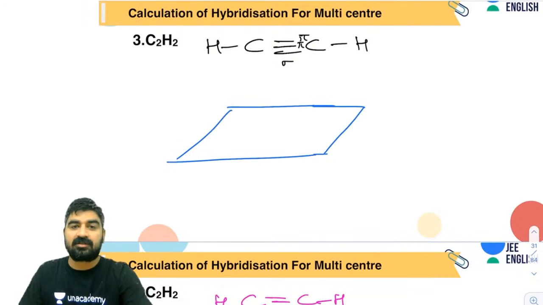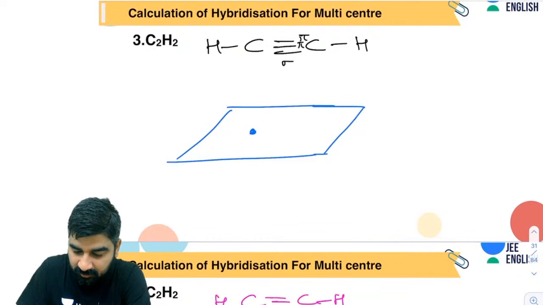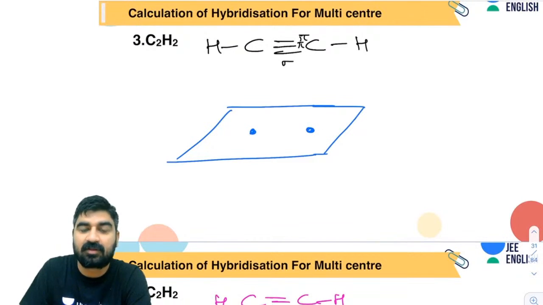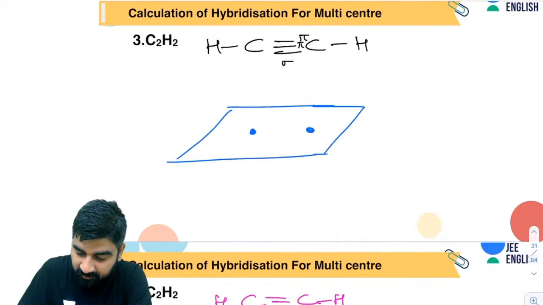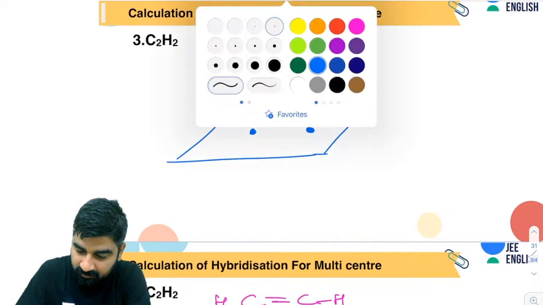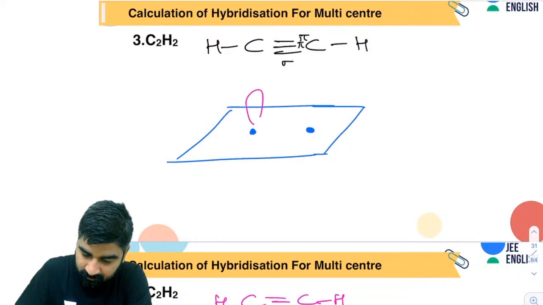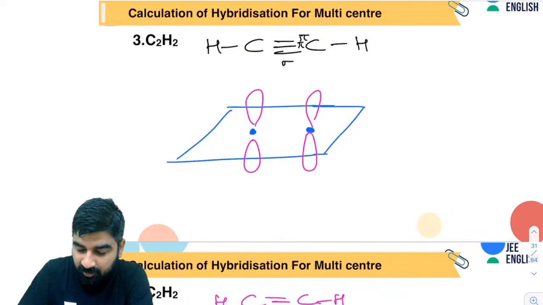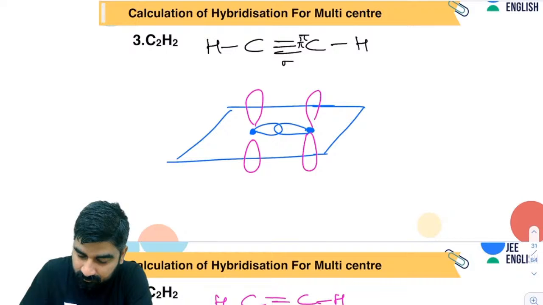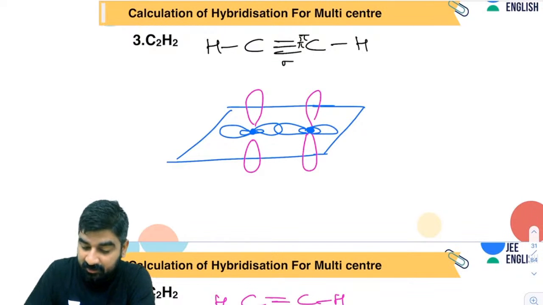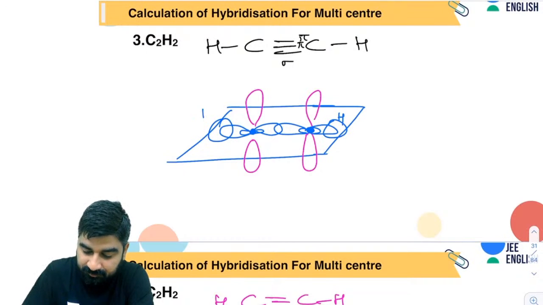Now if I'm talking about carbon and carbon, we have this sigma bond, and the hybrid orbitals will be only in this plane. And these are hybrid orbitals, and here we are having hydrogen as well.